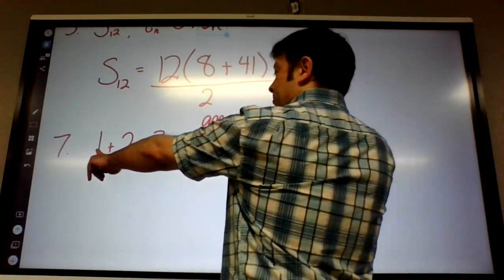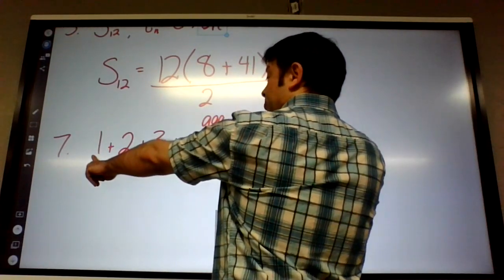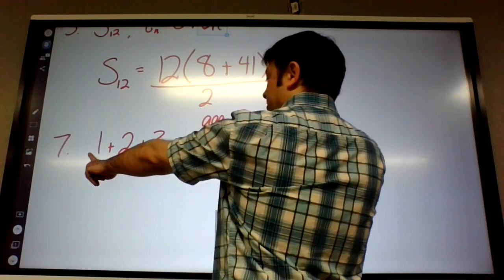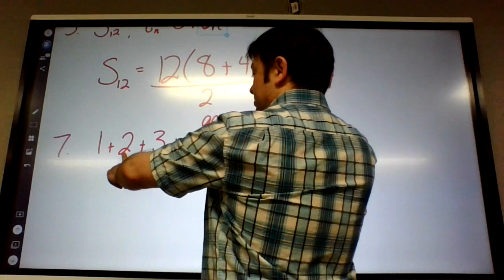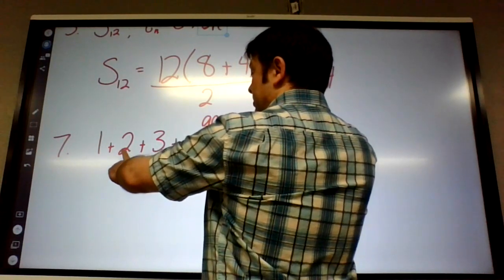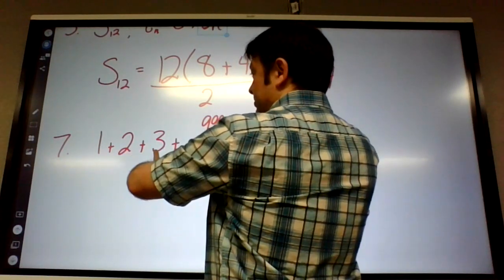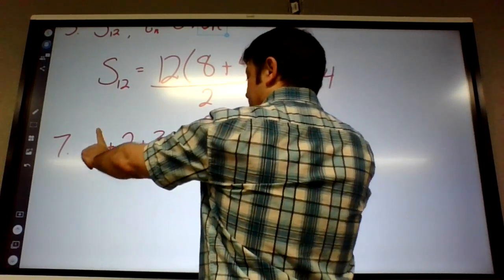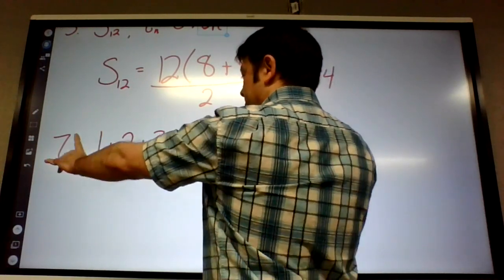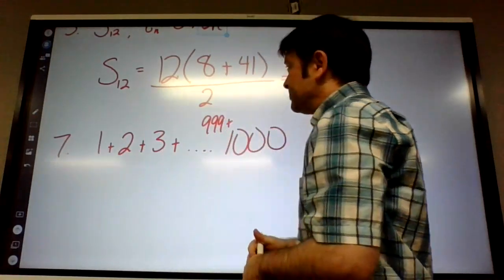So if you add the first and last terms, you get like 1,001, right? 1,000 plus 1. If you add the second and the second to last together, you get 1,001. If you add the third and the third to last, you get 1,001. So the sum of these and these and these, as you go towards the middle, is all 1,001.